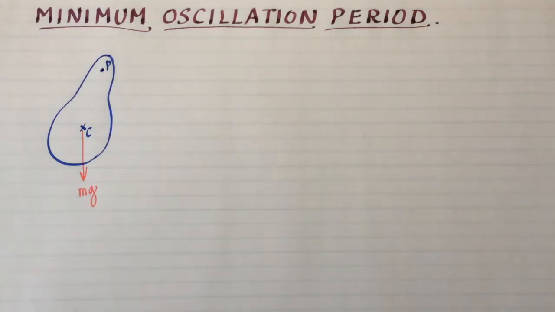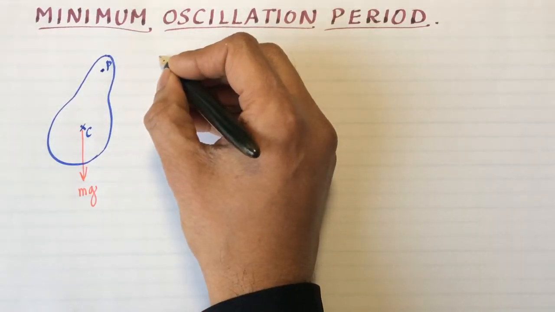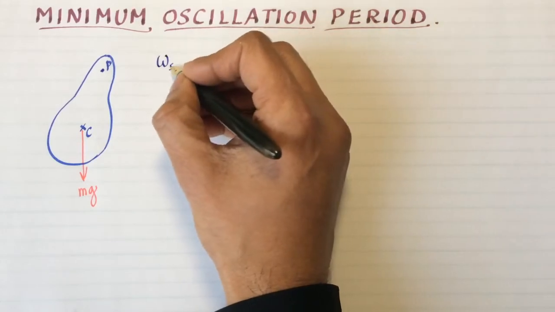Now in the previous video, you saw the period of a physical pendulum was derived there. So let me write what we had from that previous video.